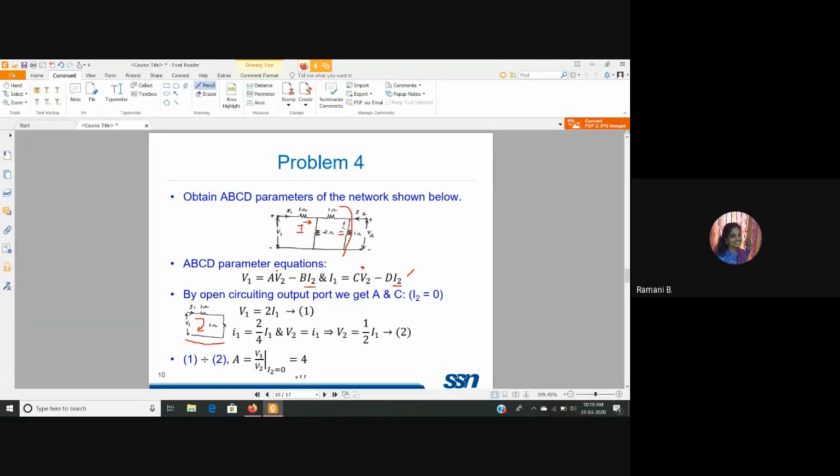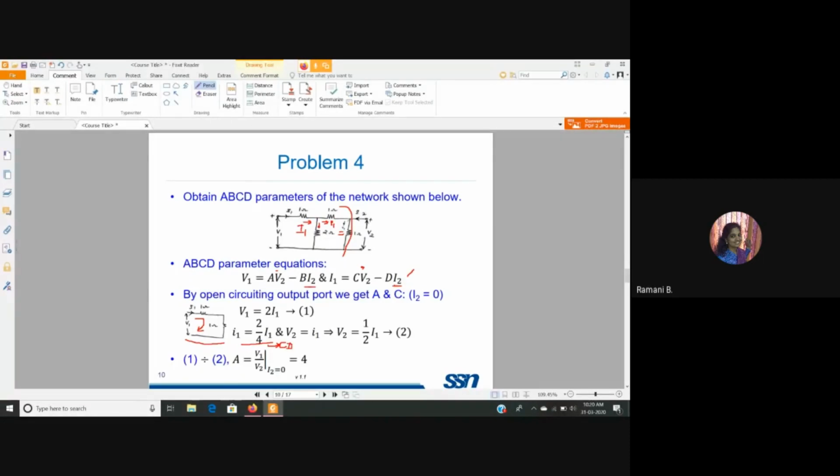So this will be dividing into this 2 ohm resistor, this particular branch and this particular branch. Okay. So this current we have considered as small i1. So small i1 is given as the capital I1 into 2 by the total resistance. So 2 by 4. Okay. This is by current division rule.